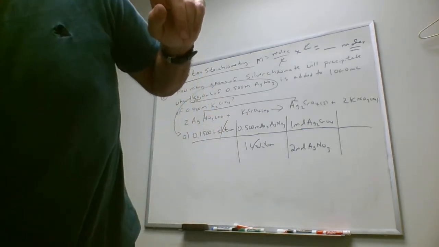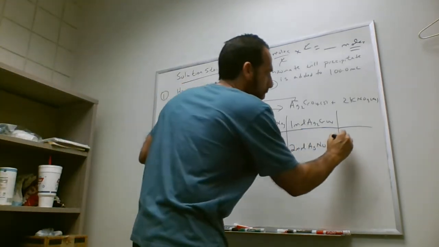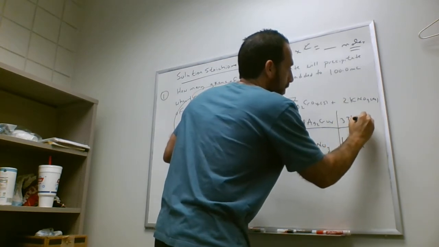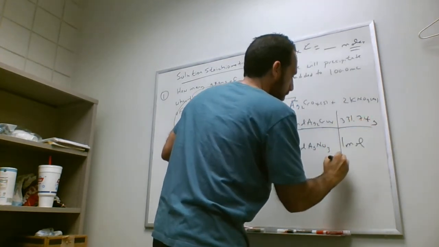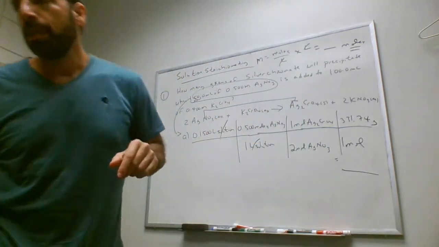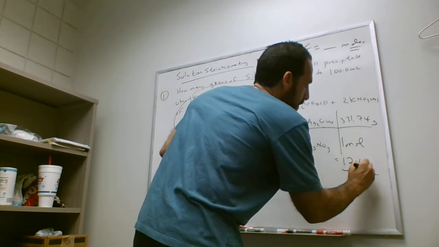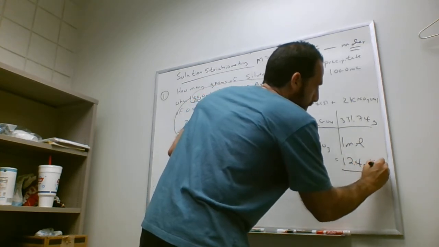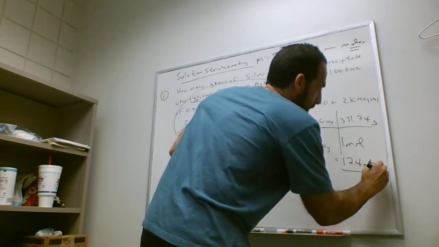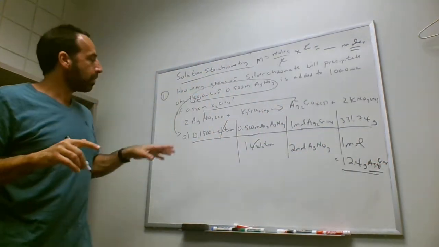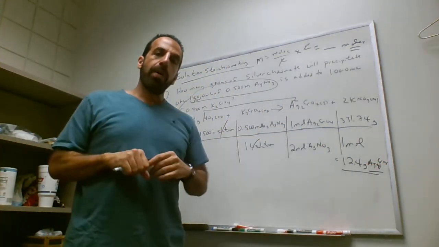I think the molar mass is 331.74 grams per 1 mole. So if I do that, I'm going to get 12.4 grams of silver chromate. So if all of it reacts, I'm going to get 12.4 grams of silver chromate.